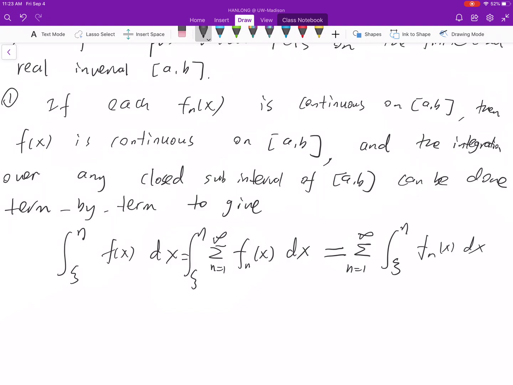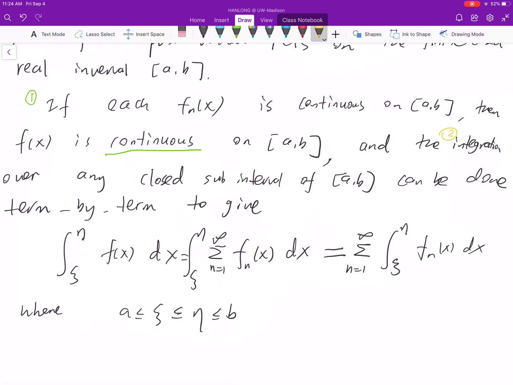Of course, here we assume c and eta are numbers between a and b. Okay, so actually this is the first statement about the continuity, and this is the second thing about the integration.